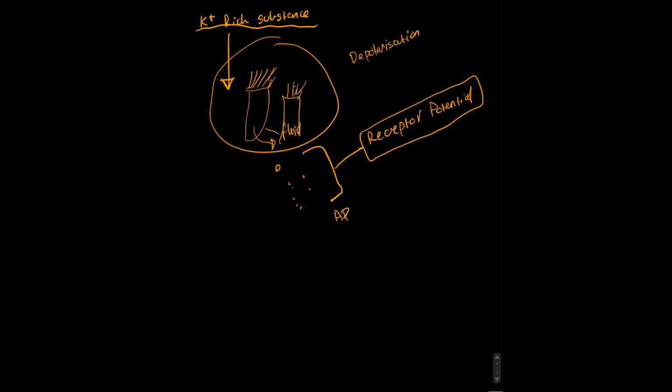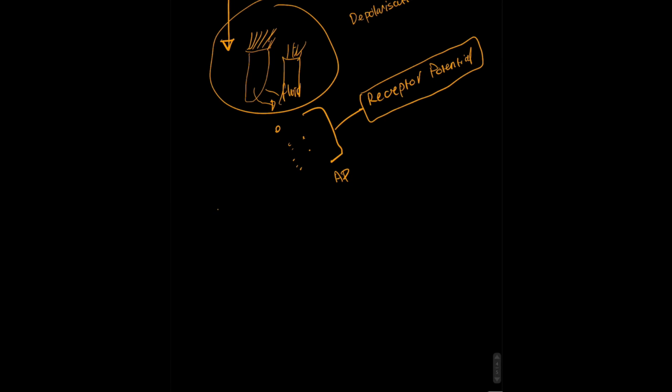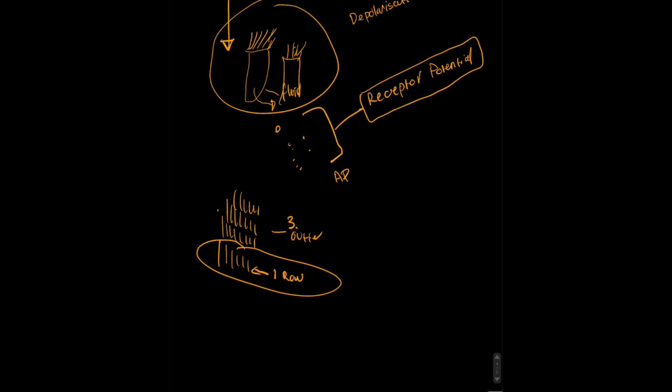One of the other things I didn't mention to you is that we have two kinds of hair cells. We have inner hair cells, and then we have outer hair cells. We have only one row of inner hair cells, but we have three rows of outer hair cells. We know that it's the inner hair cells that are sending the messages to the brain.